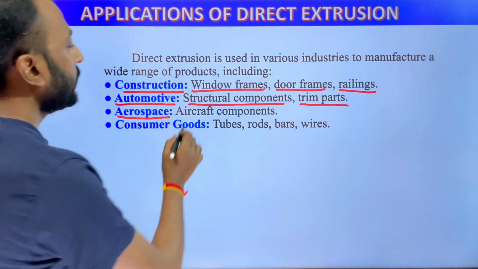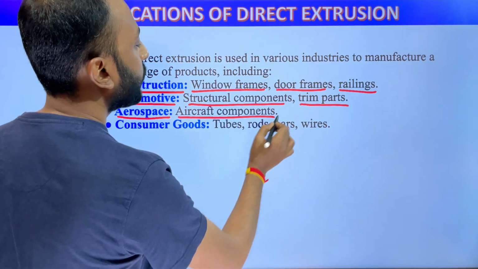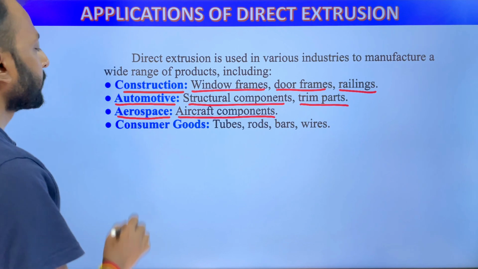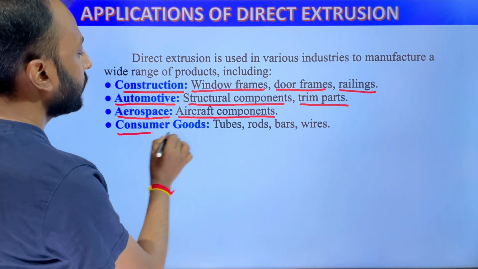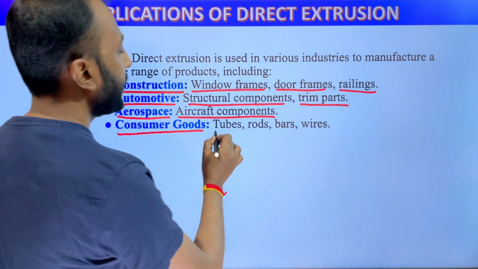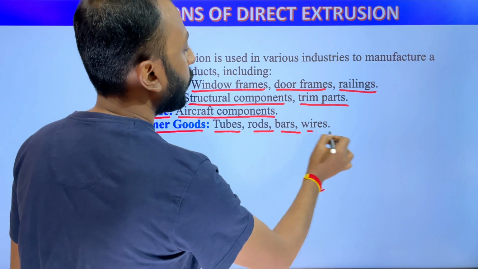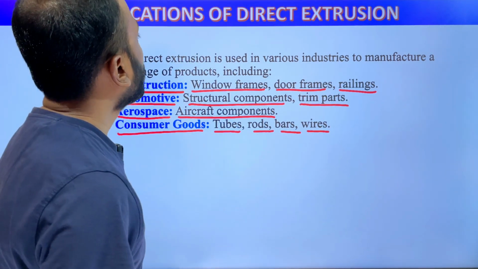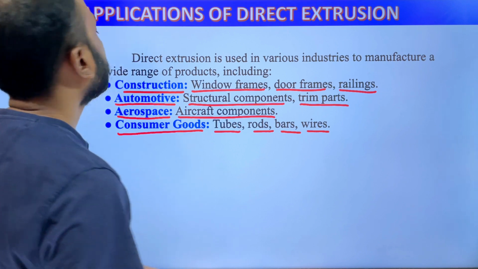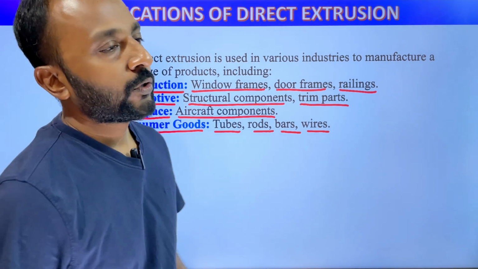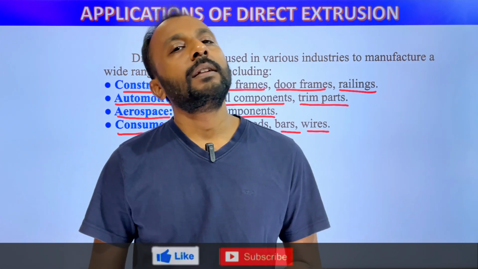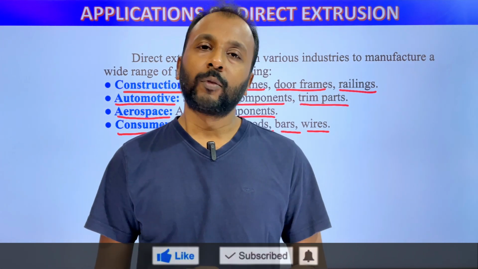In aerospace industry, different aircraft components are made using this direct extrusion process. The last one is different consumer goods like tubes, rods, bars, wires, etc. are being made using this extrusion process. So this is forward or direct extrusion process and the advantages, disadvantages and applications of this process.